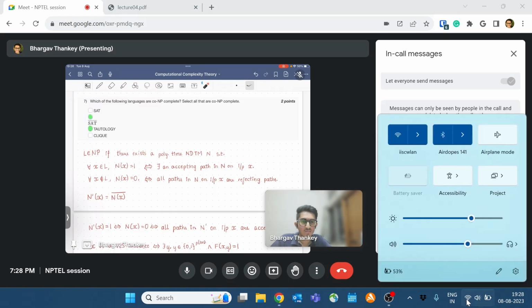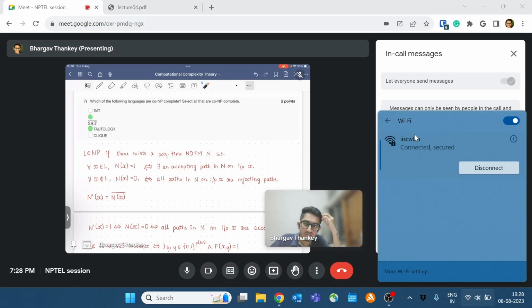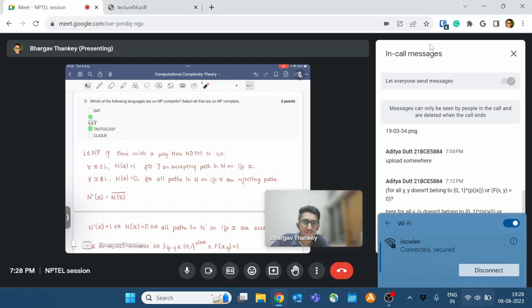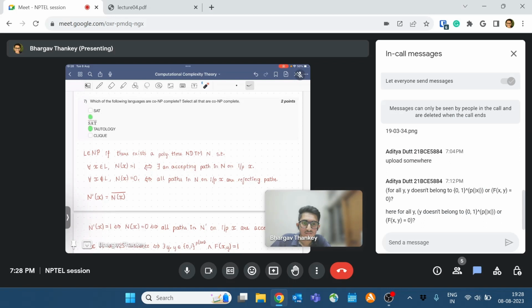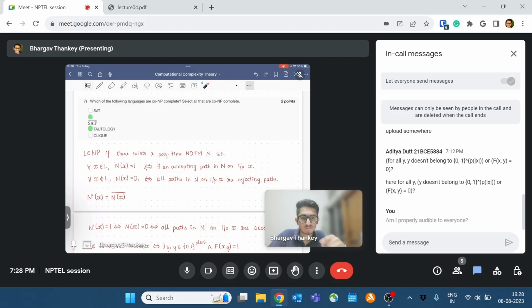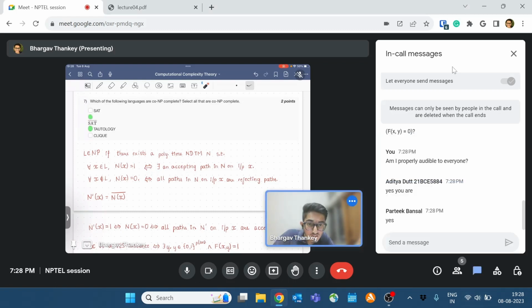Is my voice breaking, do I have to change something at my end or is it a connection problem? So I think I'm audible to the other two.